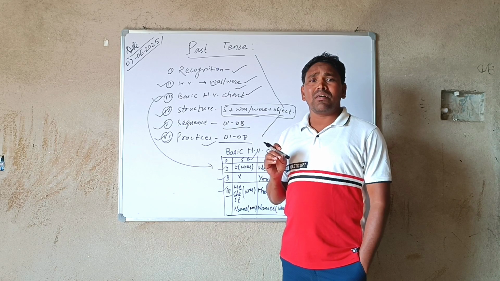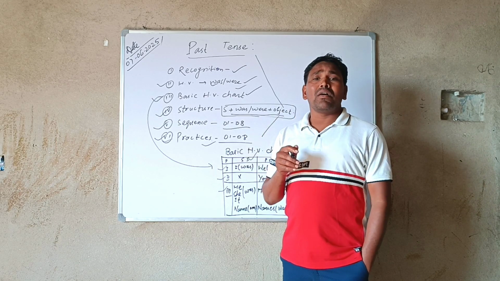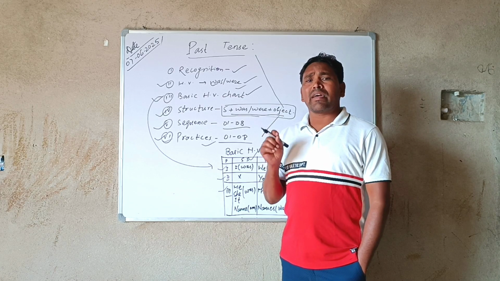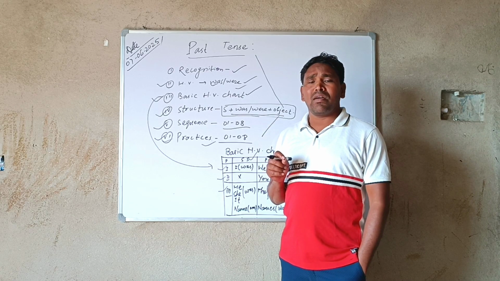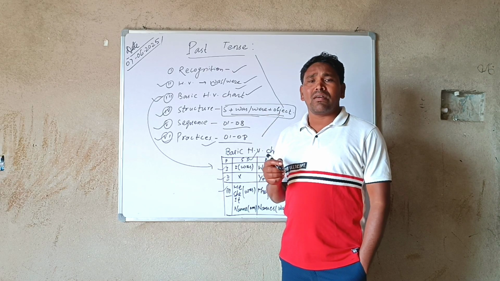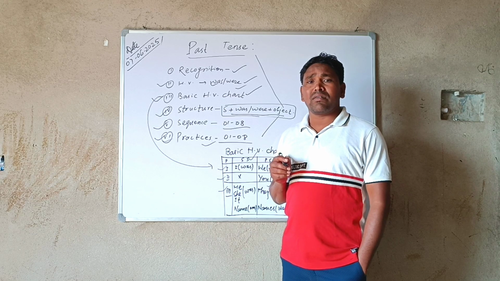What may be enough? Enough may be that if you give maximum practices. Your maximum practices can give you benefit in your life, can give you benefits in the examination, and you can get maximum marks in the examination.